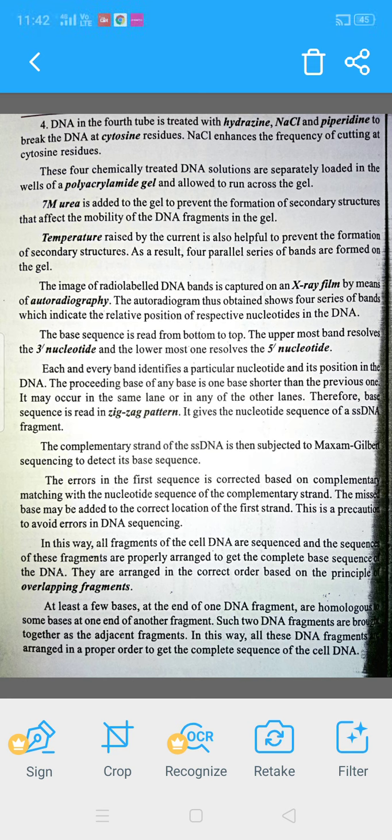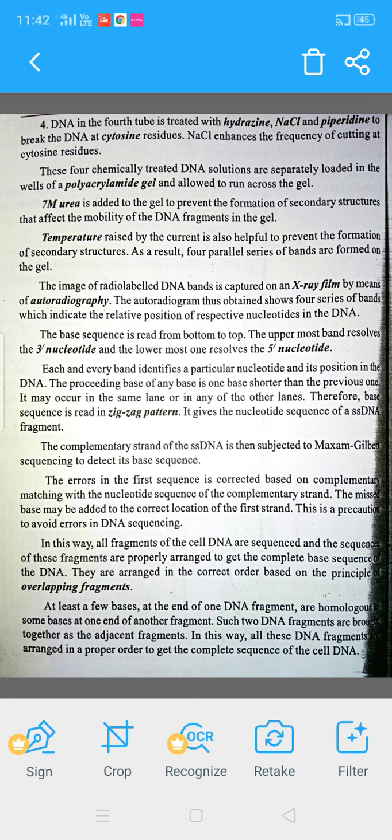These four chemically treated DNA solutions are separately loaded in the wells of the polyacrylamide gel and allowed to run across the gel. 7 molar urea is added to the gel to prevent the formation of secondary structures that affect the mobility of the DNA fragments in the gel.